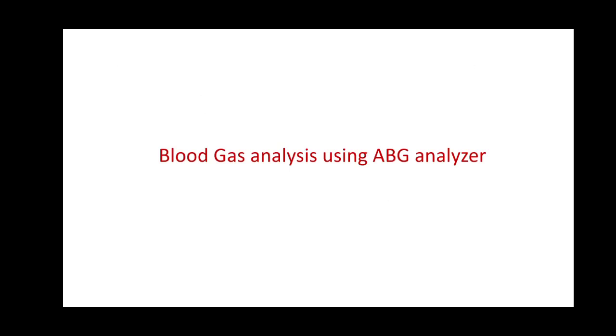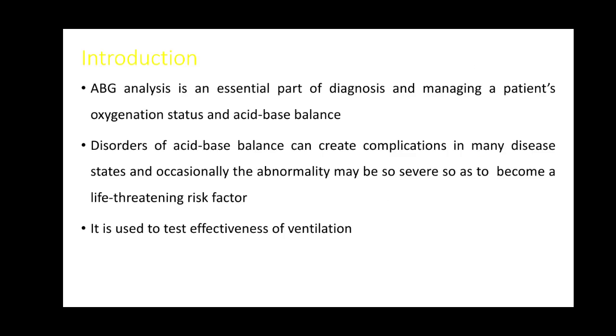So the next, blood gas analysis using ABG analyzer. So the estimation of blood gases and pH by ABG analyzer. So ABG, that is arterial blood gases analysis, is an essential part of diagnosis and managing a patient's oxygenation status and acid base balance.